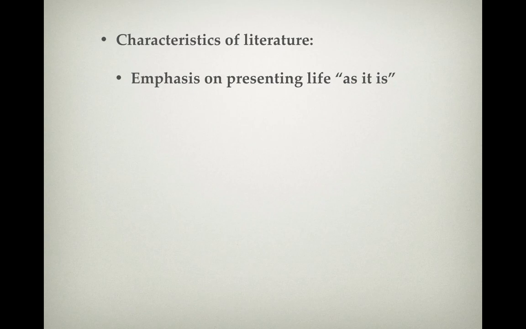Obviously, I feel like I keep talking about Huckleberry Finn in this class, but it's one of the biggest novels in this time period, and it's about the racial injustice of its time. And Mark Twain didn't pull any punches. He wanted to present life as it is. There was no sugarcoating anything, and that's what the realist authors really wanted to do. They wanted to be true to life, and they sought to do that through their stories.